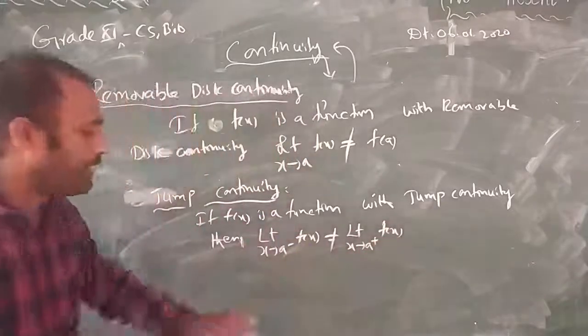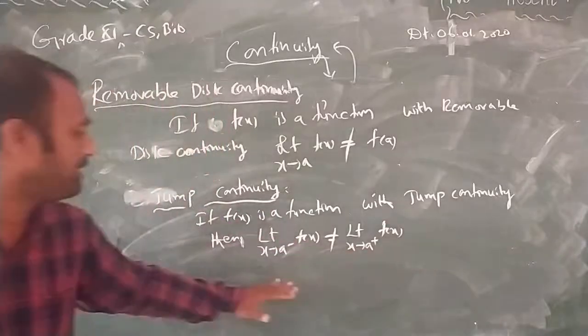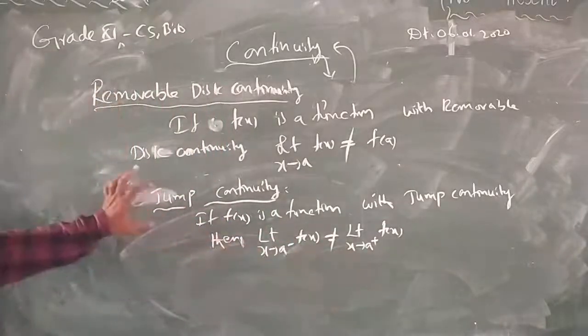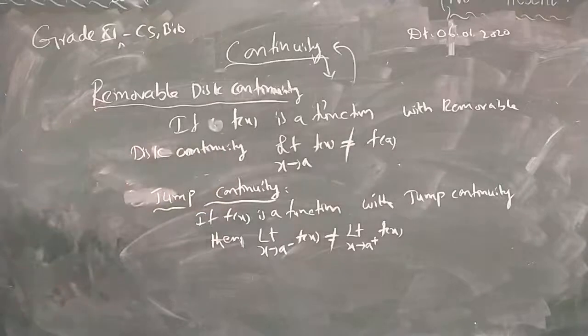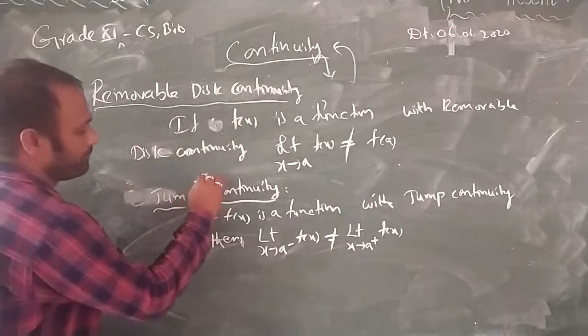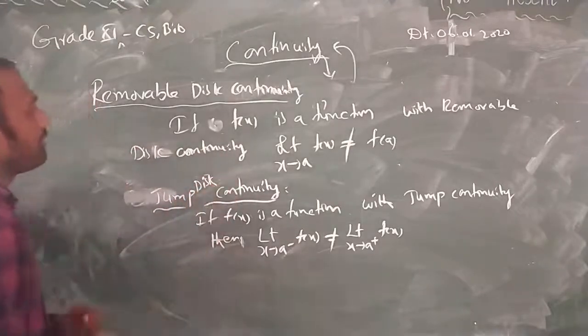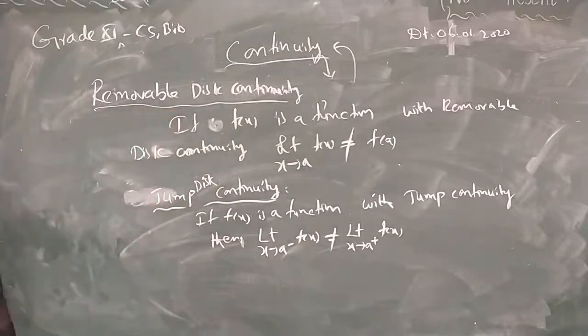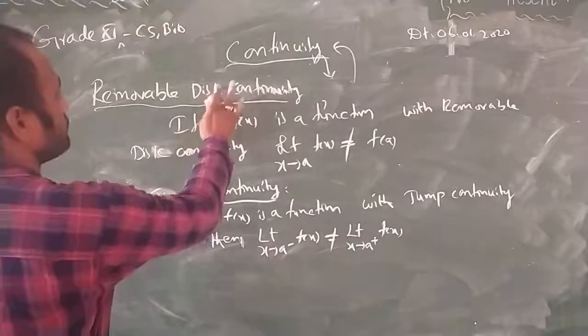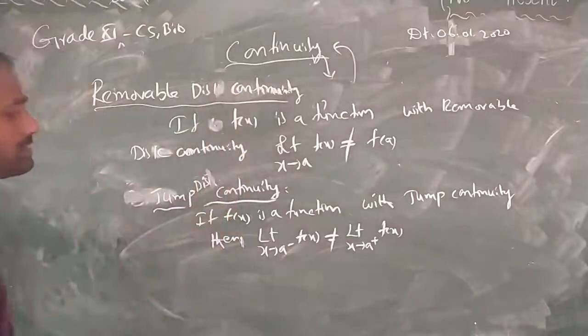It means that the left hand limit must not be equal to the right hand limit. Then in that case I can call this a jump discontinuity. And here, removable discontinuity.